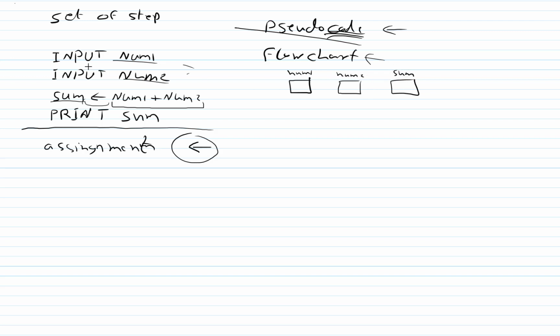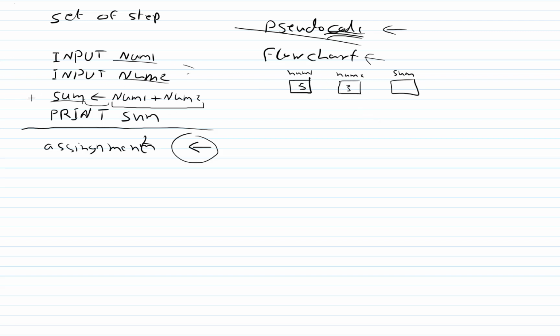Then we ask the user to input num1. If we dry run this, suppose that the user entered 5 in num1, then he entered 3 in num2.